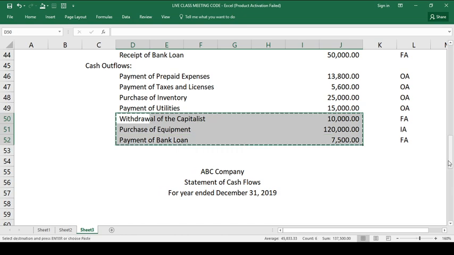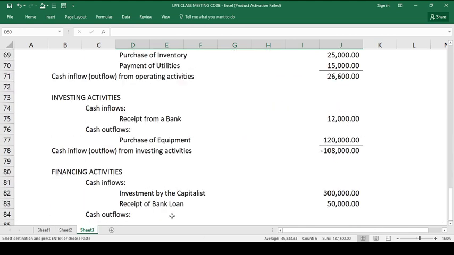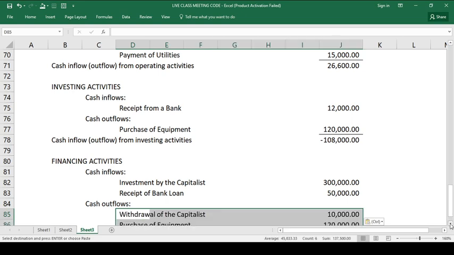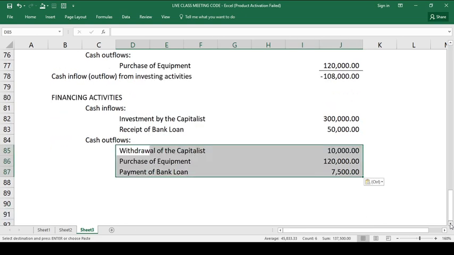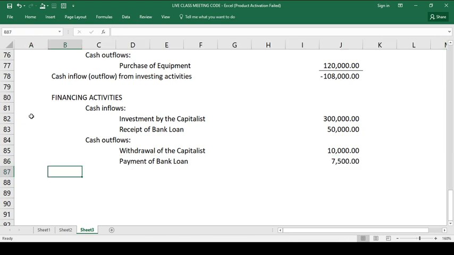Kopya, then pababa tayo para may ilagay. Okay, Control V, and then from that, i-delete po natin yung purchase of equipment kasi hindi po siya kasama sa financing activity.